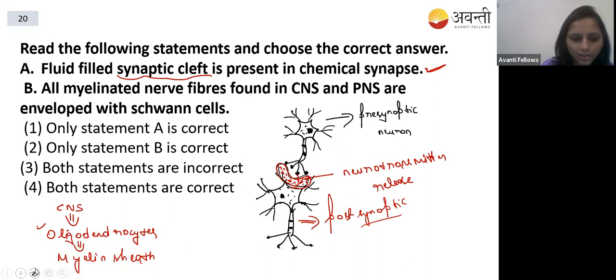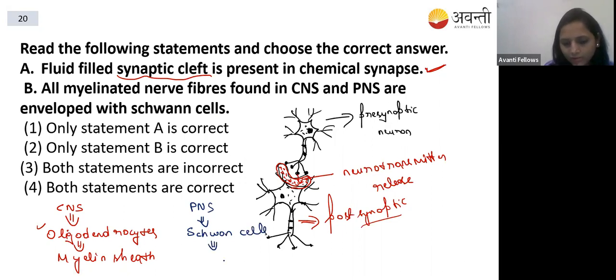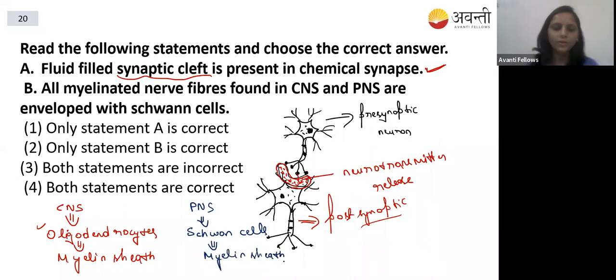Then we are talking about the PNS, peripheral nervous system. Here there are Schwann cells. Schwann cells will produce the myelin sheath around the neurons present in the peripheral nervous system. What they are telling in the statement is that for neurons in both the central and peripheral nervous system, Schwann cells are the only cell that produces the myelin sheath.